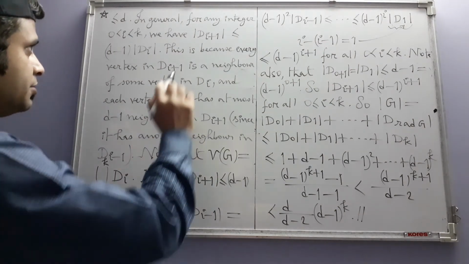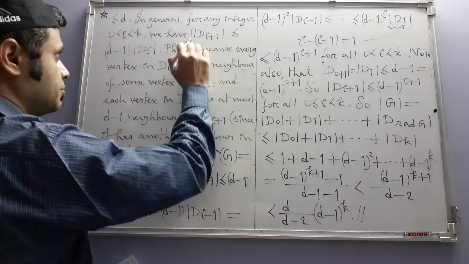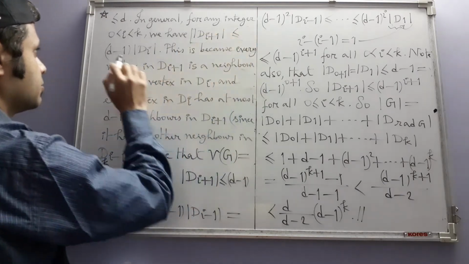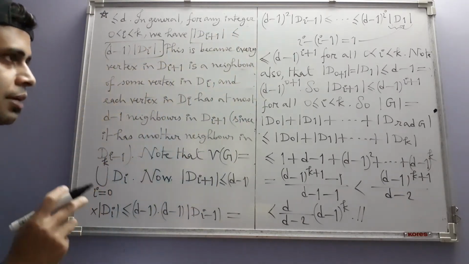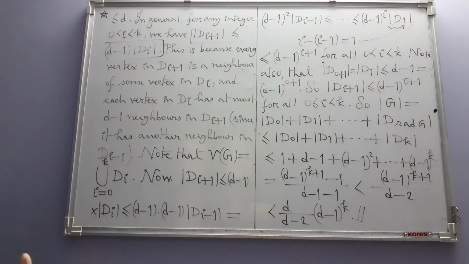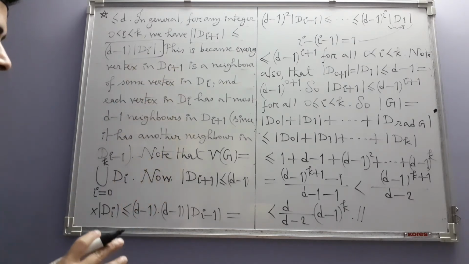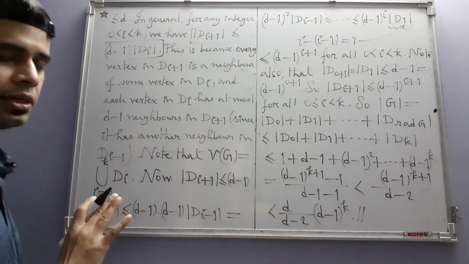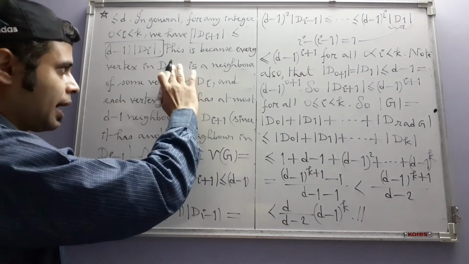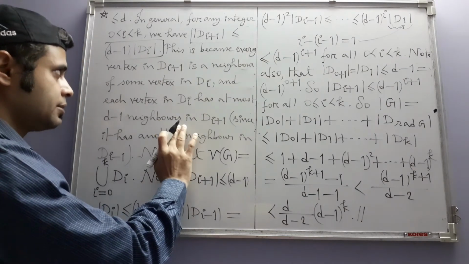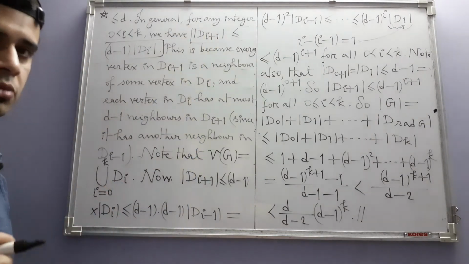The part which involves this inequality, it's somewhat difficult to understand that part, or at least it's difficult to understand from these remarks what the author is trying to say. But I think we have understood properly how these things are a justification for these inequalities.